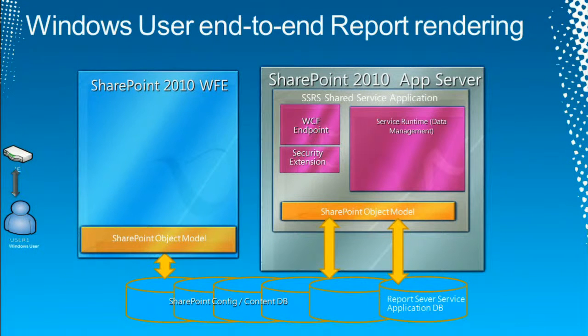Another thing folks have been asking me about is claims and using a Windows integrated data source to go to the back end. So this is a scenario where we have a Windows user logging into SharePoint, the interactive user, and they're going to use their own credentials to connect to SQL Server. Now, SQL Server doesn't support claims. So what really happens?